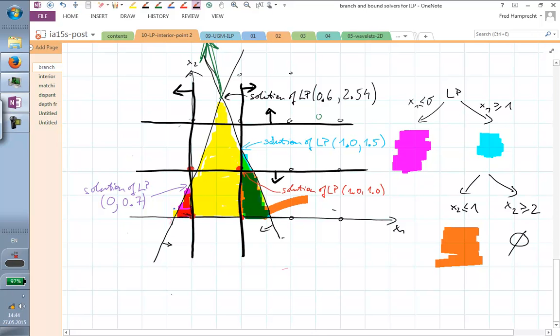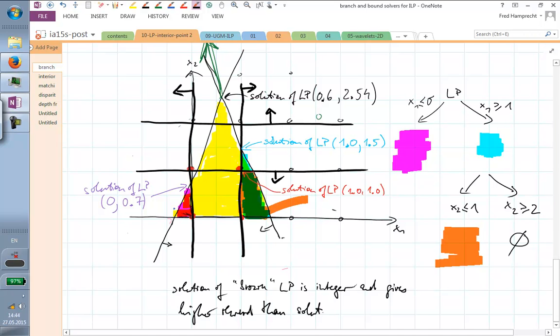Okay, so the solution of the brown LP already is integer and gives a higher reward than the solution of my purple LP, which is still fractional.